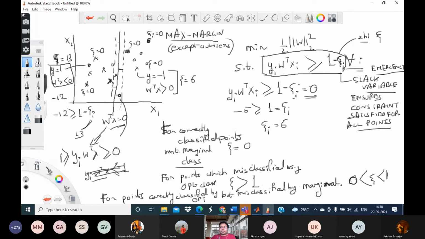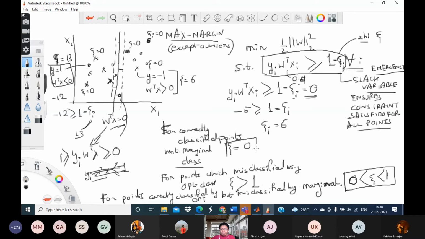For such points, yi W transpose X may take a value like 0.5, in which case xi will also have to take a value of 0.5. If it takes the value of 0.4, then xi will have to take a value of 0.6. Whatever it is, xi for such points lies between 0 and 1.